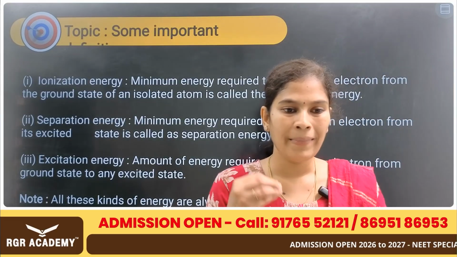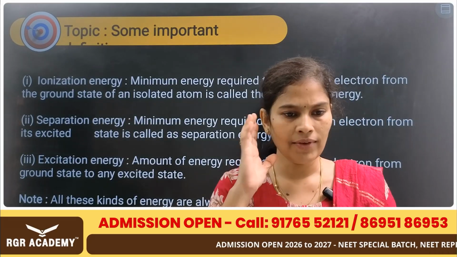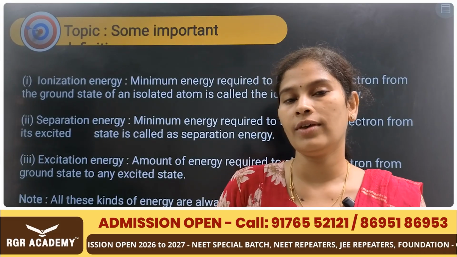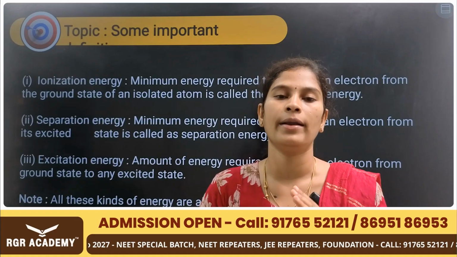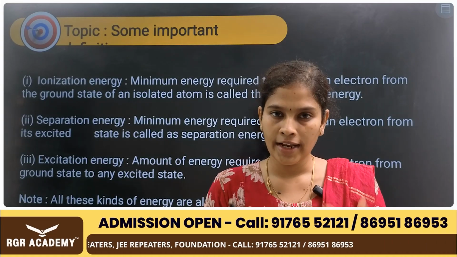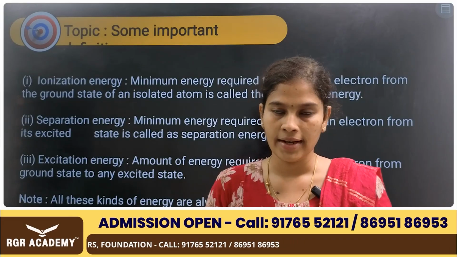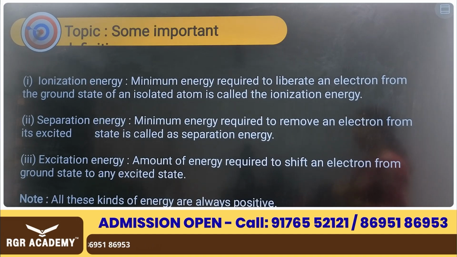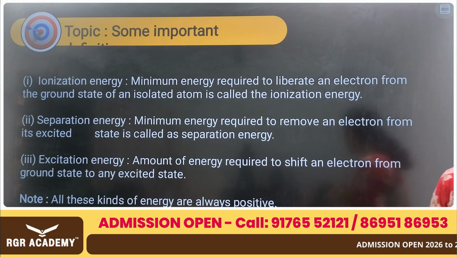And these are some main concepts that many get confused about. What is meant by ionization energy or ionization enthalpy? If I want to remove an electron from a particular orbit, I have to apply some energy. How to calculate it? Whatever the energy of the electron, the same we have to apply, right? So ionization energy is the minimum energy required to liberate an electron from the ground state of an isolated gaseous atom. And what is meant by separation energy?